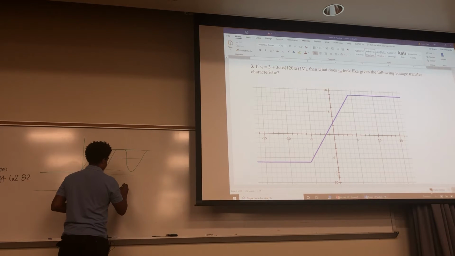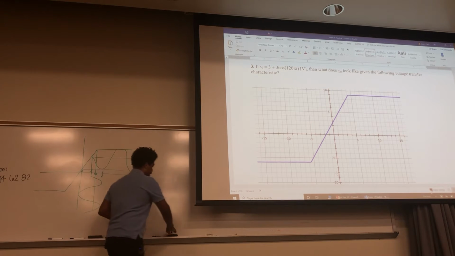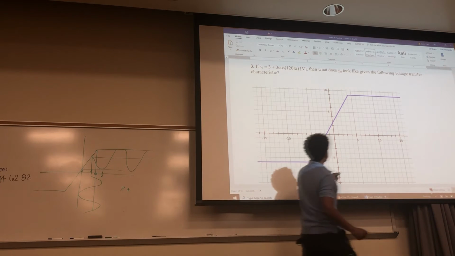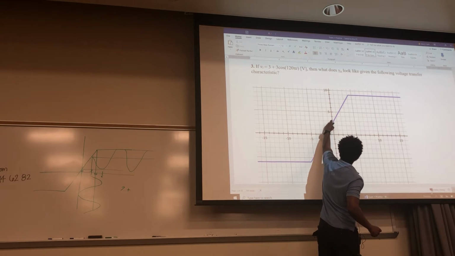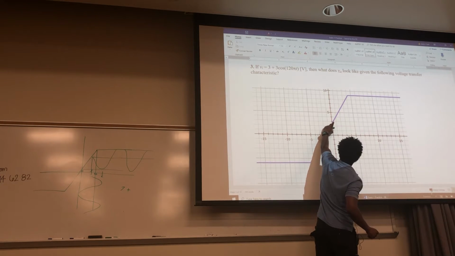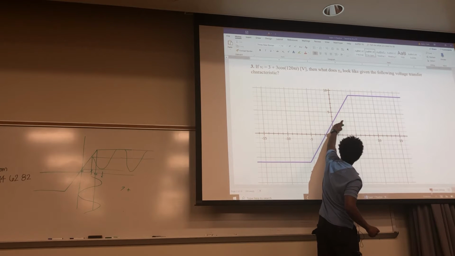So it's going to be 7 plus, and then you see from right here at 0, that looks like, I don't know, around 2.5 right here.